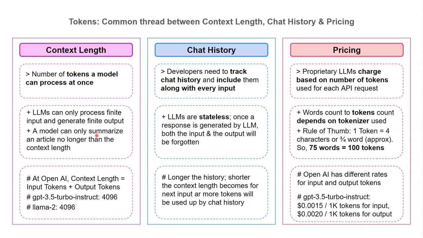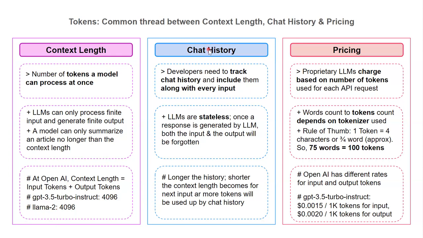Then you can only summarize a text that is as long as the maximum tokens allowed. In the case of OpenAI, there is a challenge because they consider context length as the sum of input tokens and the output tokens generated by the LLM. In the case of GPT 3.5, it is 4096 tokens, and Llama 2 is also the same.